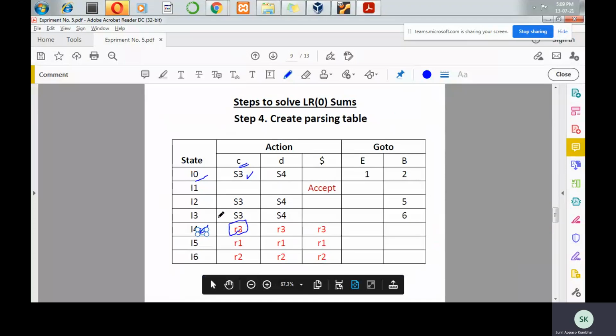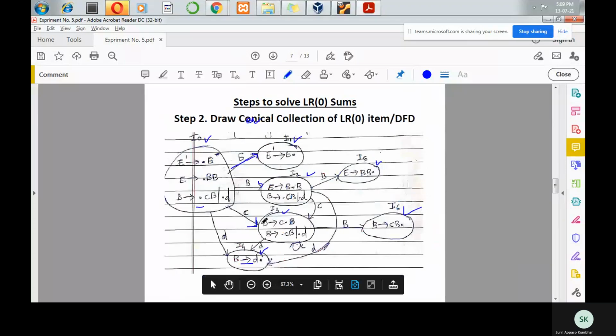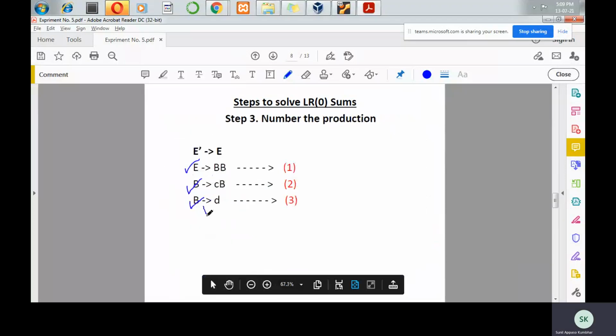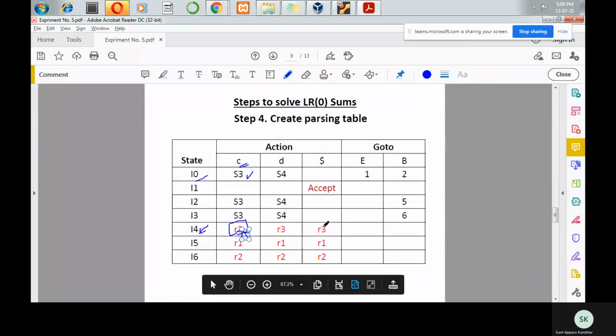So this production is numbered as 3. Hence, entry is filled as R3. So whole row of action column is filled with reduce entry, which is R3.